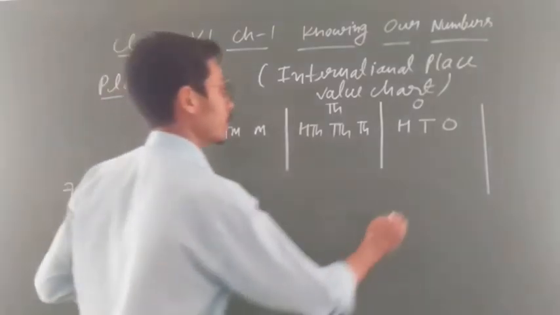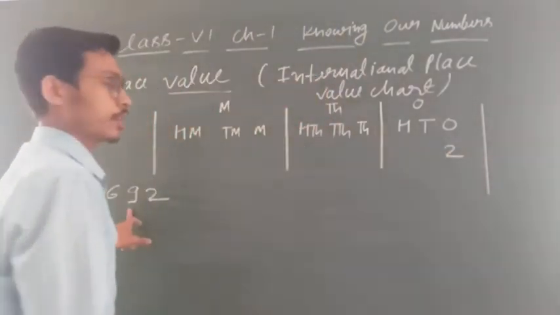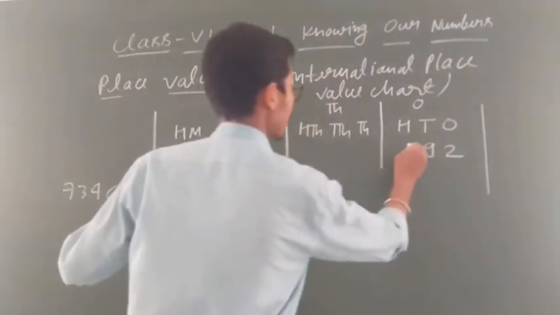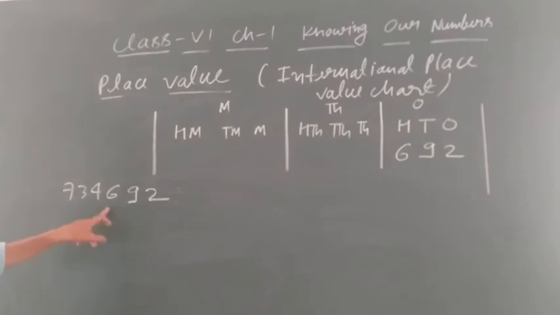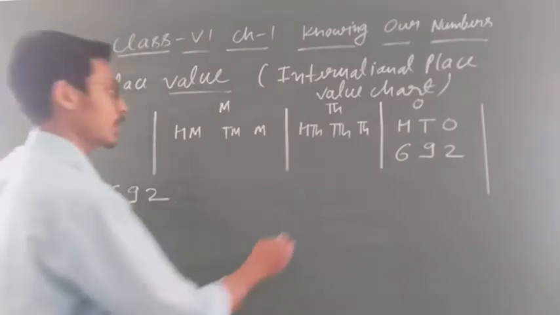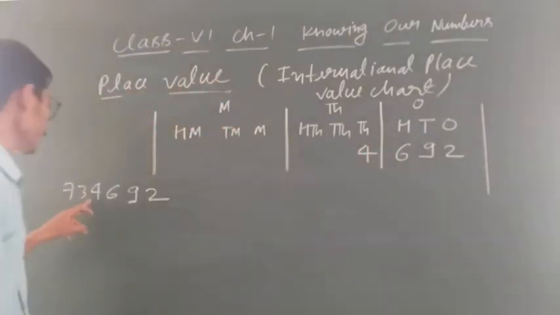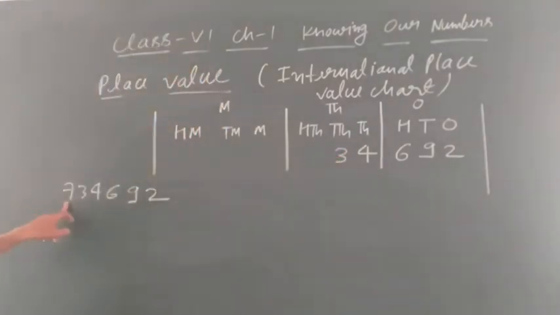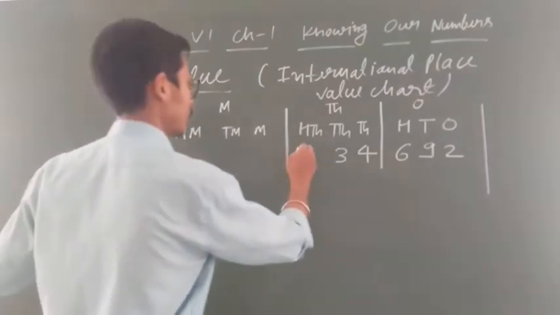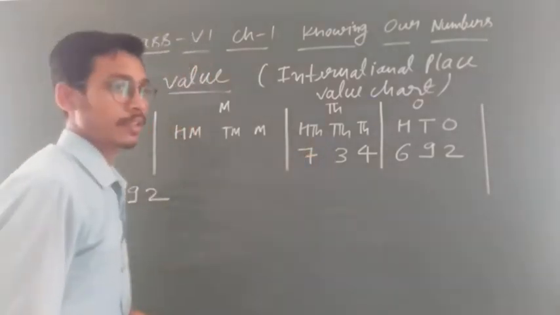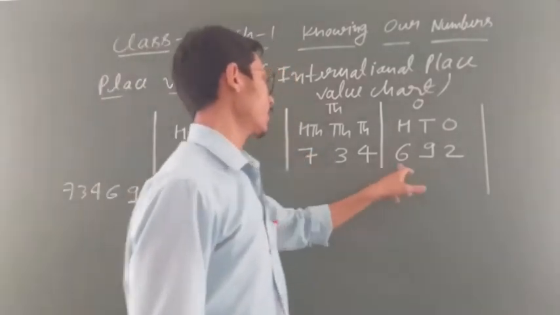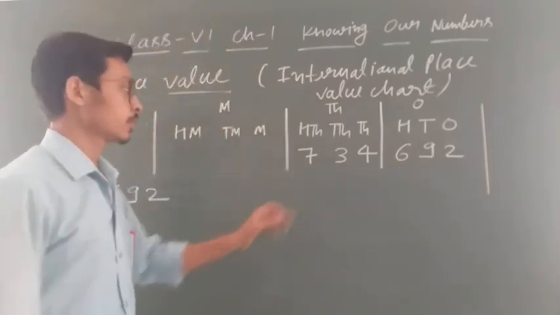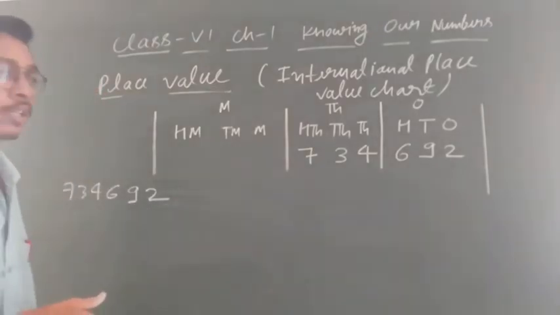Once you put ones here, then tens on the place of 9, then 100 on the place of 6, then 1000, then 10,000 on the place of 3, then 100,000. This is very easy. Clear, student? On the basis of this place value chart you can put the value.